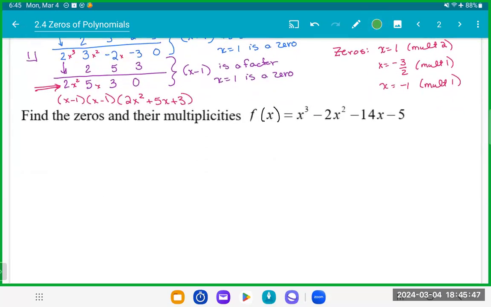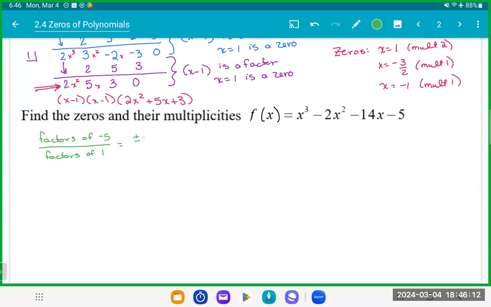All right, so who would like to help me with the factors of -5? Anyone? 1 and 5, right?